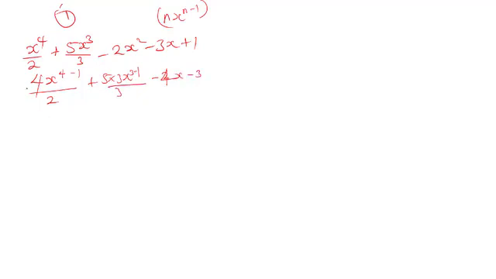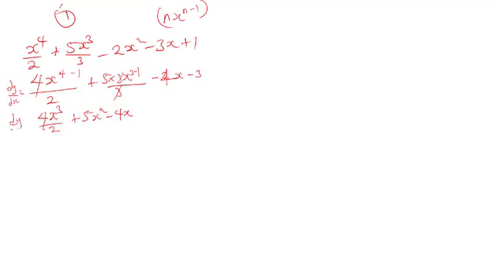Remember, what we are calculating now is our dy/dx. So this is equal to 4x^3/2 plus 5x^2, because 3 goes with 3, so 5x^2 minus 4x.